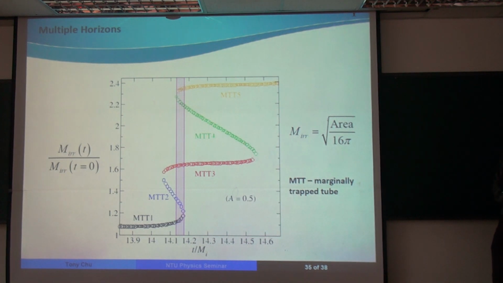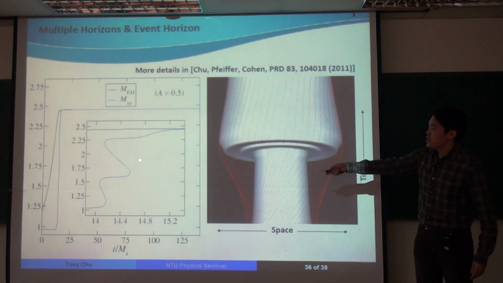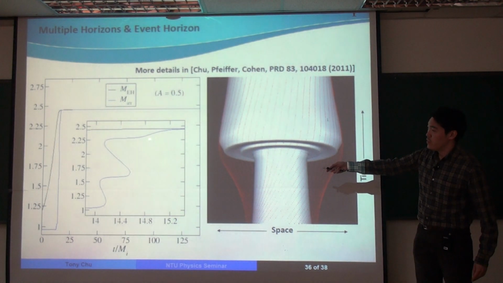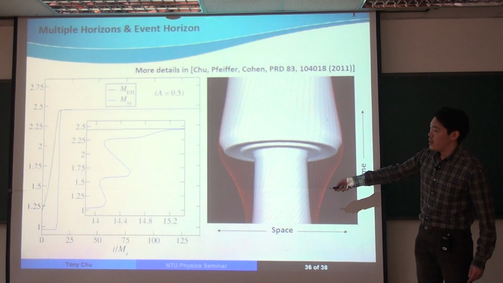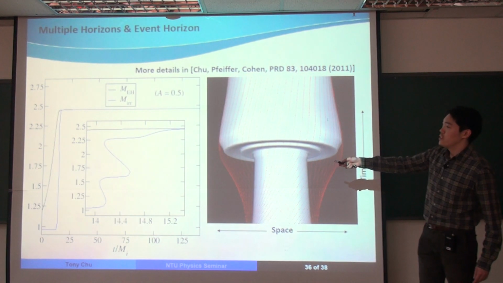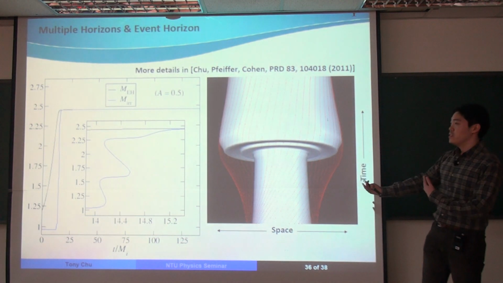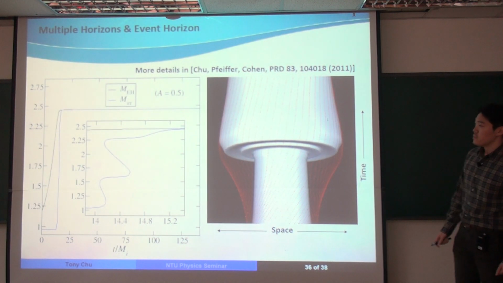quasi-local horizons. And how does that compare to the event horizon? So this is shown in this figure here, where this blue curve is the same curve that I showed on the previous slide. But then we show the mass as well for the event horizon in the space-time, which we can find after we finished the evolution. We can go back and then find the event horizon.